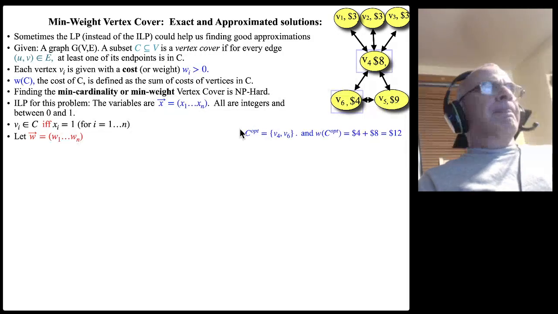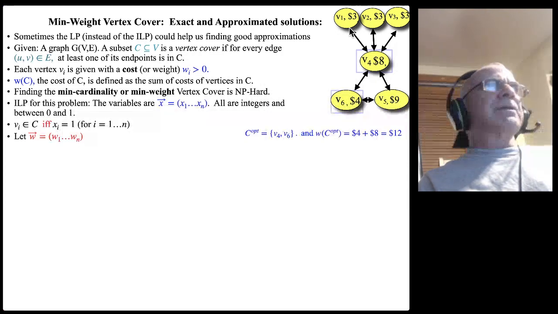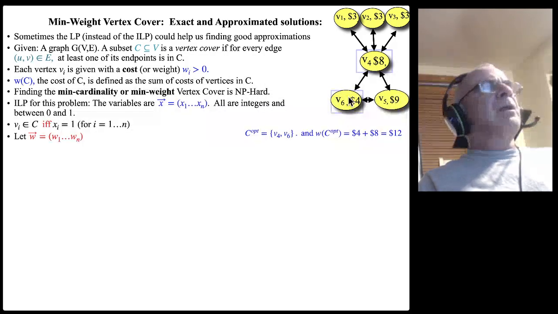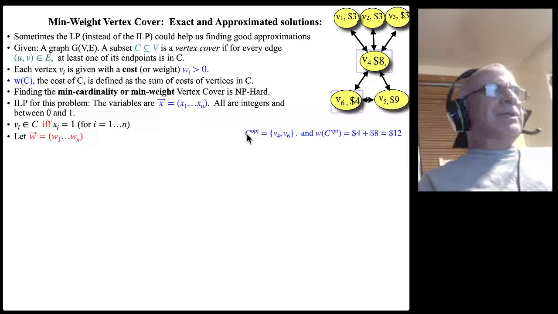As I said, I can take all the vertices to be in the cover, and then every edge is very nicely covered, but it will cost 3 plus 3 plus 3 plus 8 plus 9 plus 4. Or I can pick a much cheaper cover by taking only v6 and v4 to be in the cover. I'll claim that this is the optimum cover, so I'll denote it as C-opt.